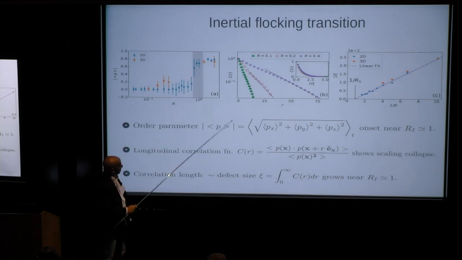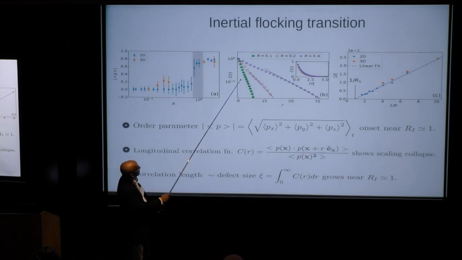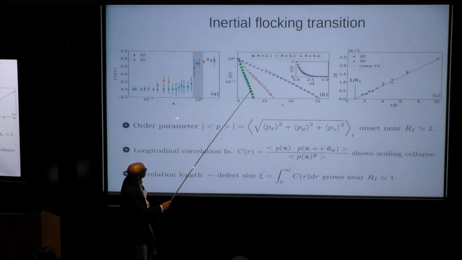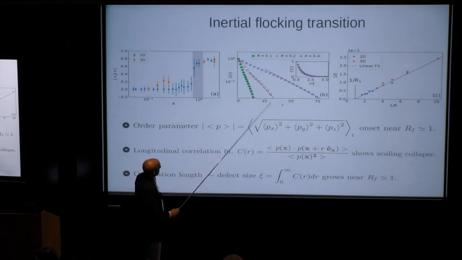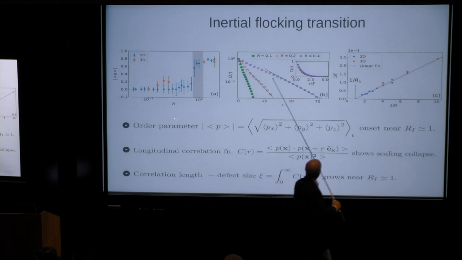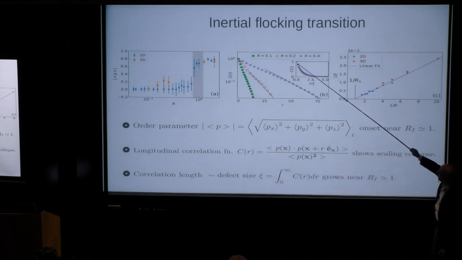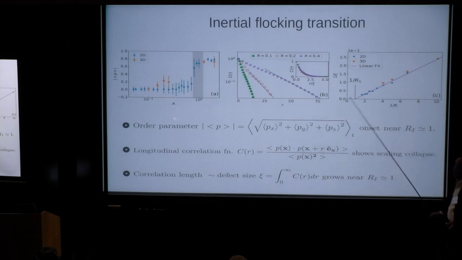If you measure the orientational correlation function, as you increase R towards 1, the correlation function decays more and more slowly, with some structure here which we don't understand. Again, this is not data over huge decades, but you can collapse such data as we have onto a single curve by choosing a length scale either from an exponential fit or from the area under the curve; it doesn't really matter.